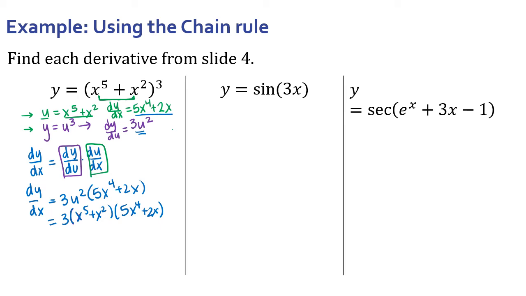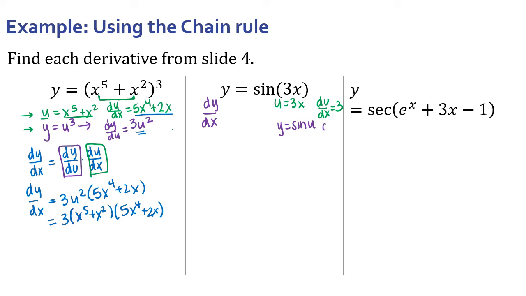Okay, if I looked at this one, the derivative of y with respect to x. So first, let's go through and figure out what is our u, what is our y in terms of u. So our u we said was 3x, so the derivative of that is 3. Our y we said was, if I write that in terms of u, sine of u.